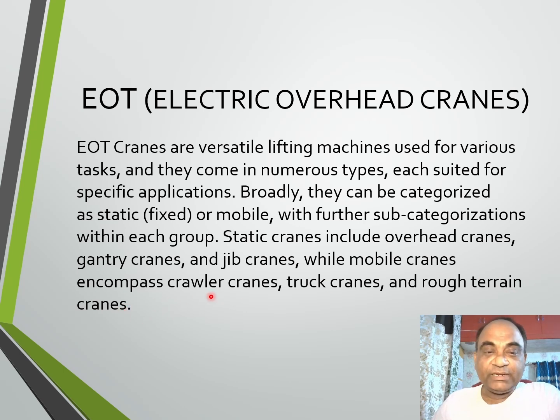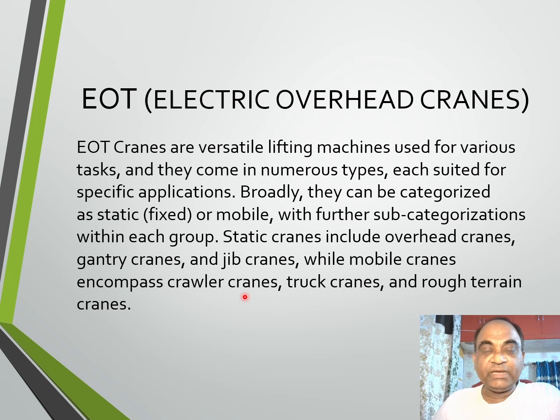Mobile cranes are those types of cranes which can move from one place to another. Fixed cranes or static cranes are those which can operate in a specified area, like a single bay, as I have explained in my earlier video. Suppose it is AB bay.